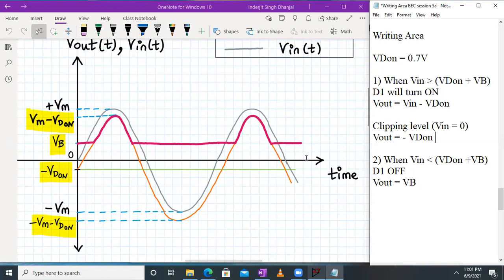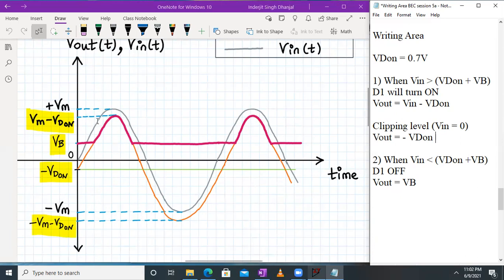So just draw a very light line of VB, and we can say easily that whenever the diode is off, and when will the diode be off? Whenever your input basically is less than VD on plus VB.